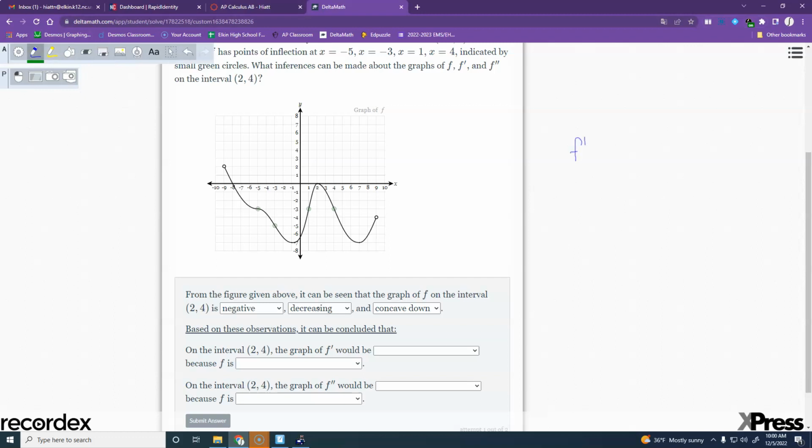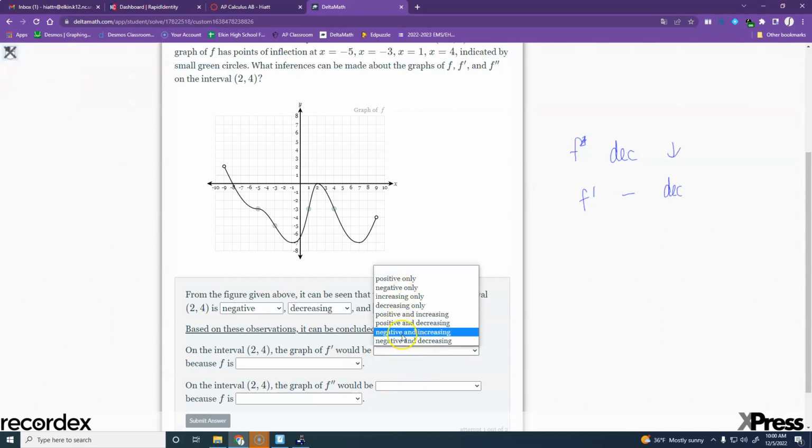F prime would be negative, and concave down, so f prime would be decreasing, so negative and decreasing for that. So try these. I'm going to cut it back so you don't have quite as many since we didn't get to them in class. So I'm probably not going to give you a lot of these. We may do a few extra in class.